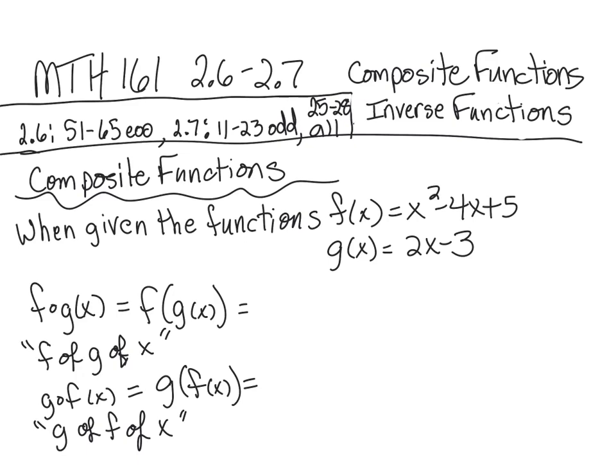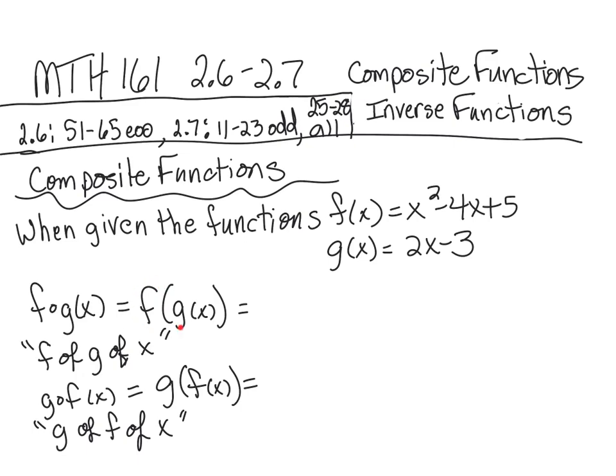Now, notation. In your book, you'll see this little open circle, and that represents "of," okay? F of g of x is the way you read this. But to me, it makes more sense to write it this way. Normally you have f of x, but instead of plugging in an x, we're plugging in the function g of x. Now, with this notation, it's obvious which function is the outside function.